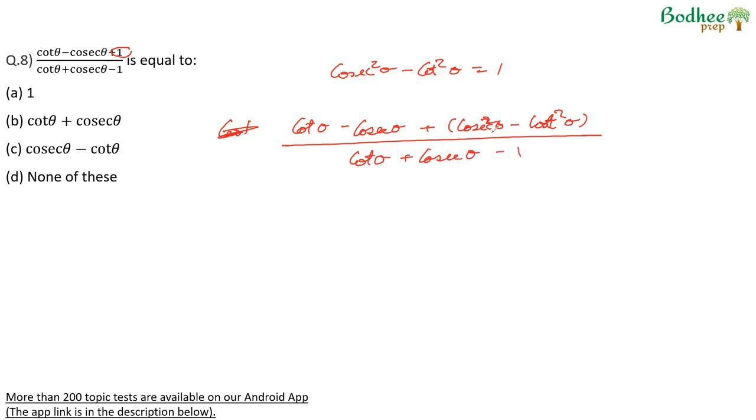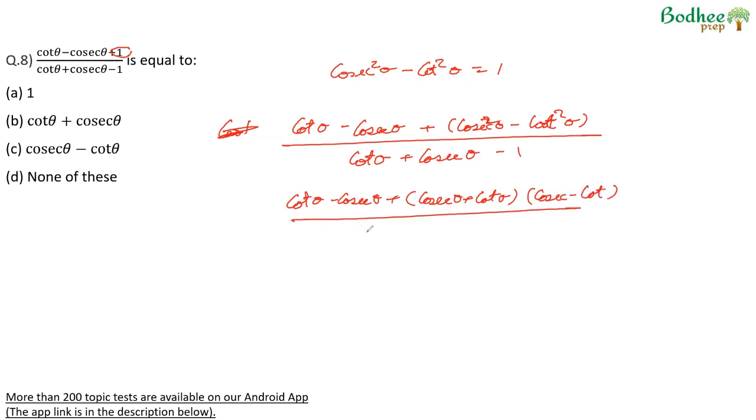Now cosec square minus cot square, a square minus b square, can be written as a plus b, cosec plus cot, into a minus b, cosec minus cot, upon cot plus cosec minus 1.